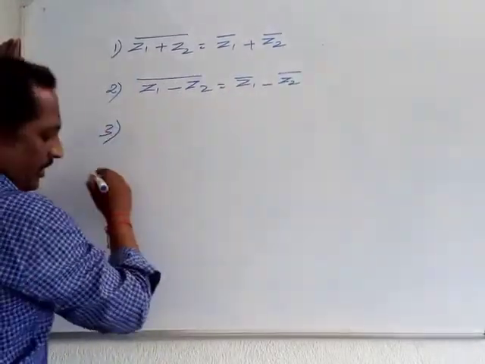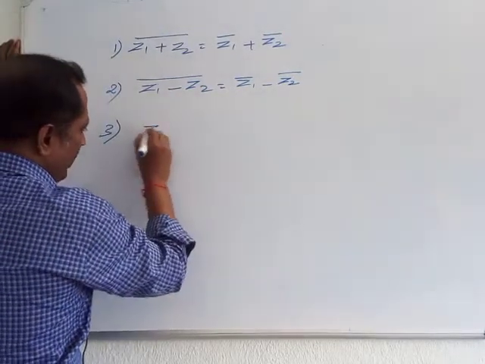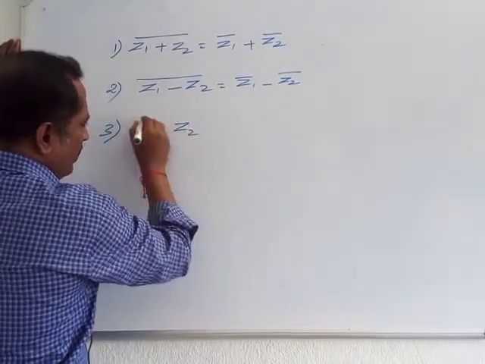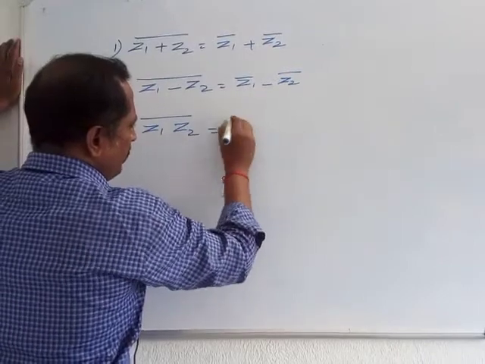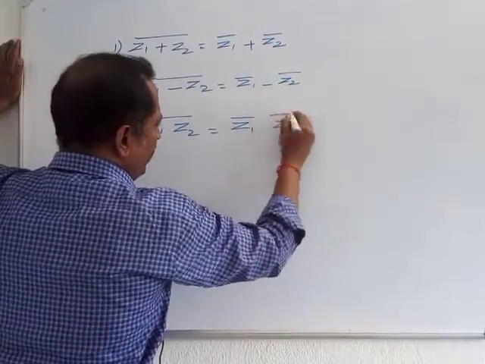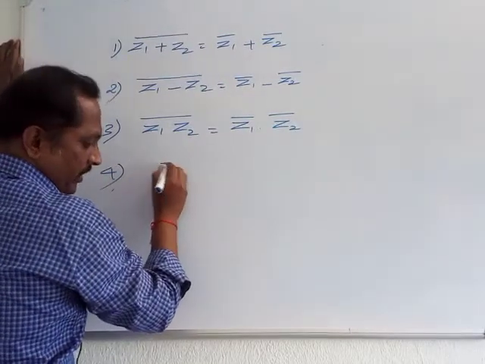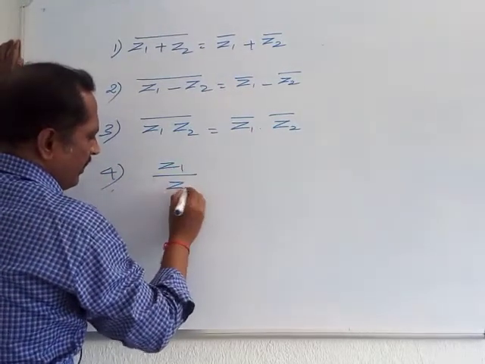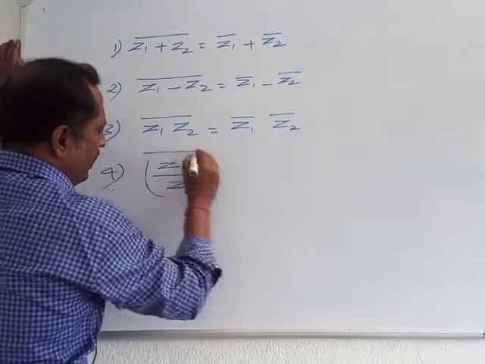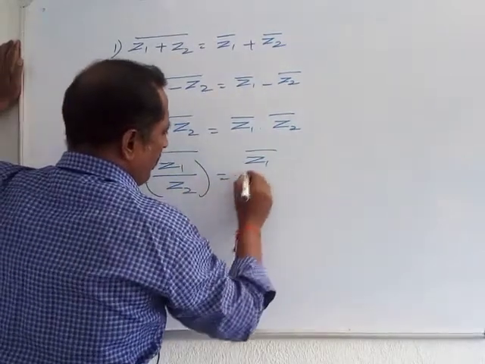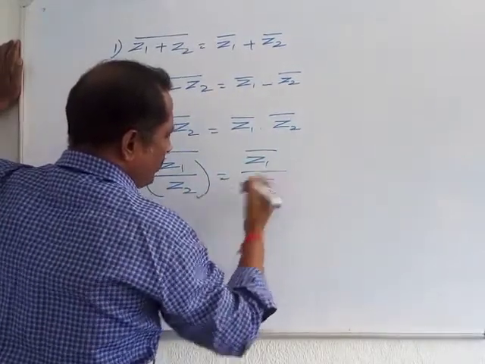Third property is multiplication: (z1 into z2) the whole bar is equal to z1 bar into z2 bar. Fourth property, the division property: (z1 by z2) the whole bar is equal to z1 bar divided by z2 bar.